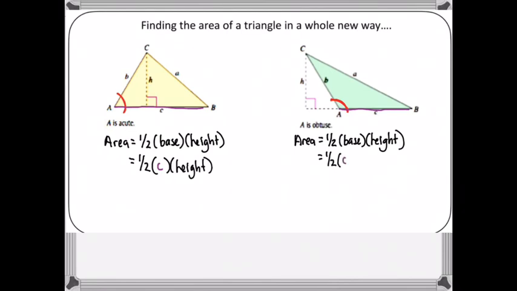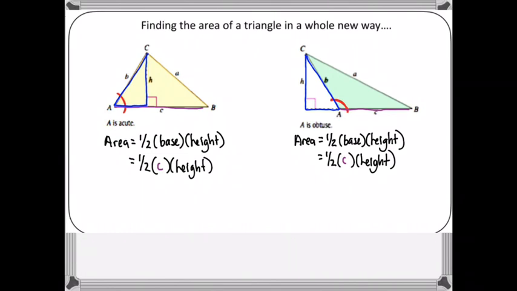We think about how we can tie in height and a known side, because usually the sides of a triangle are easier to find than the height. That part right there is not always the easiest thing to find. But for the sides of the triangle, we'll learn many different ways to find those. So in each one of these, we're going to tie in height to the angle A and that side B.